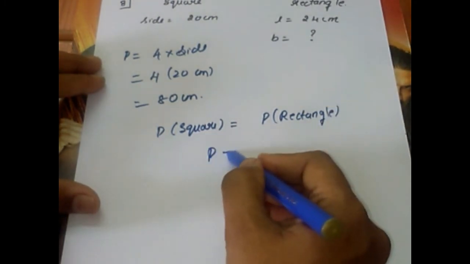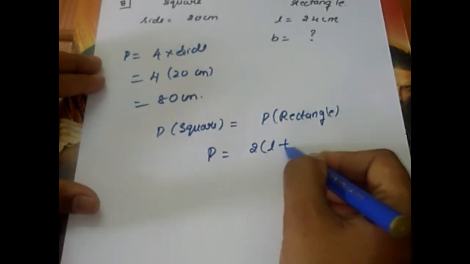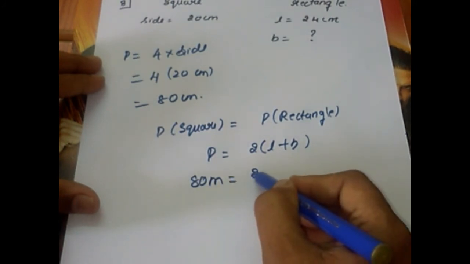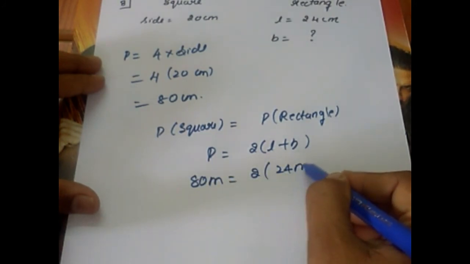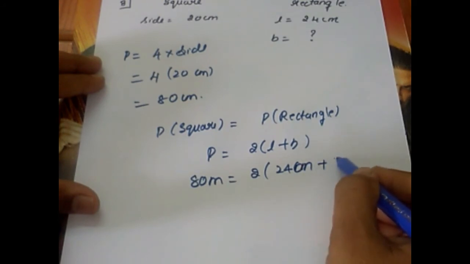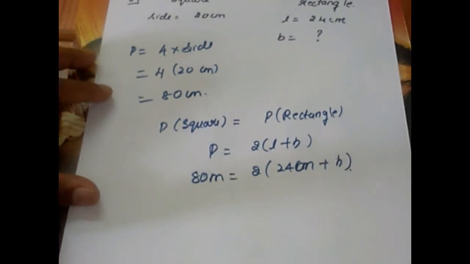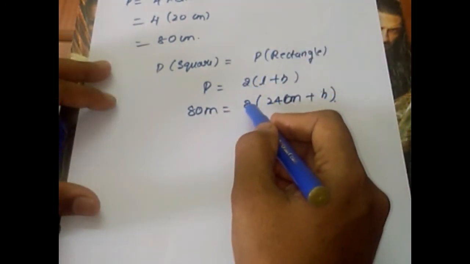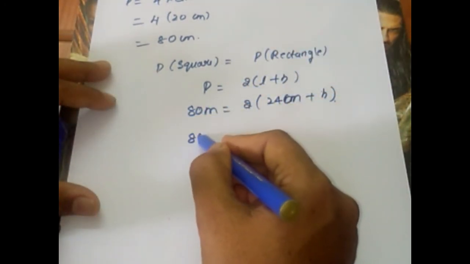That is, the perimeter of the rectangle is 2 into (L plus B). The perimeter is 80 centimeter and the length is 24 centimeter plus B. Now I don't have an option, I need to apply the first method itself. Bring this 2 to the other hand side.